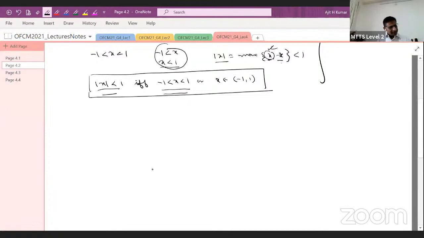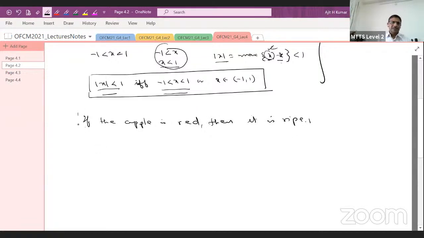Now, let us look at the same statement again. If the apple is red, then it is right.